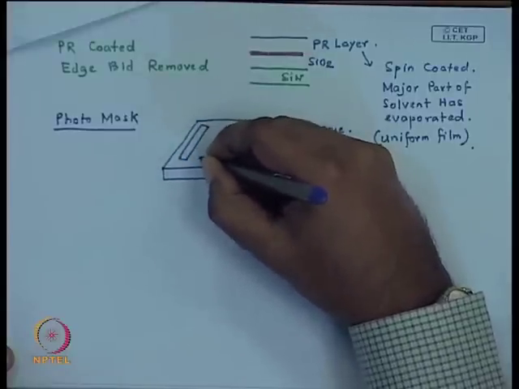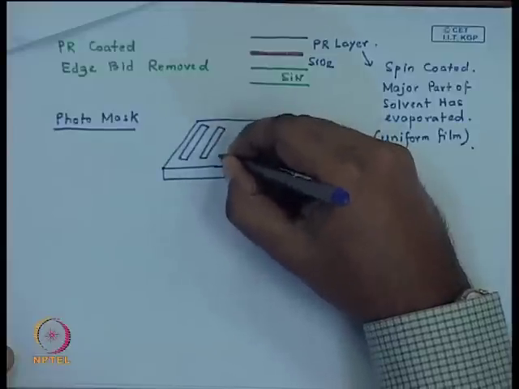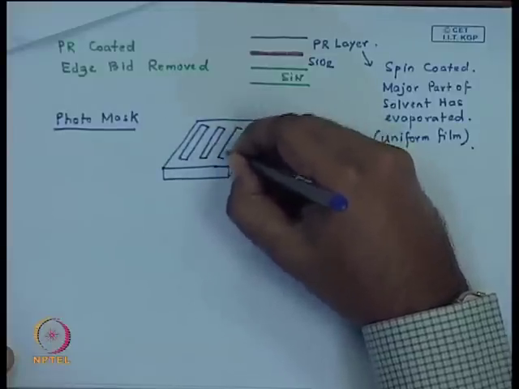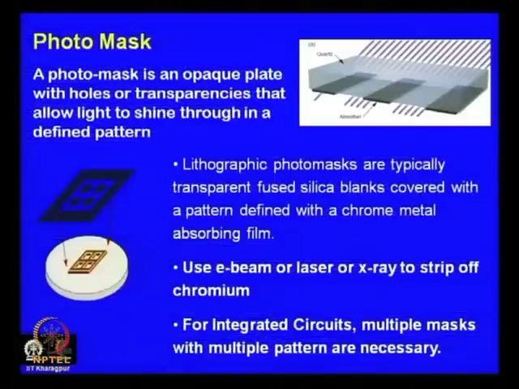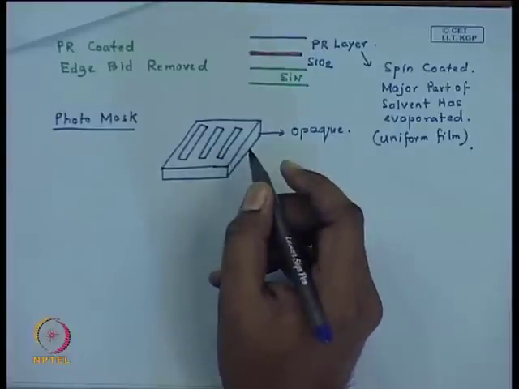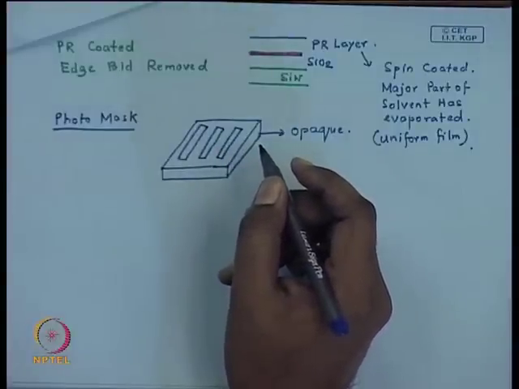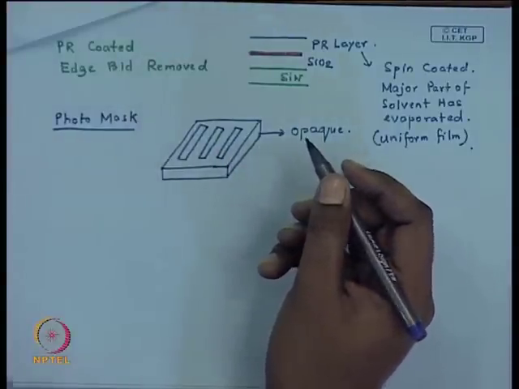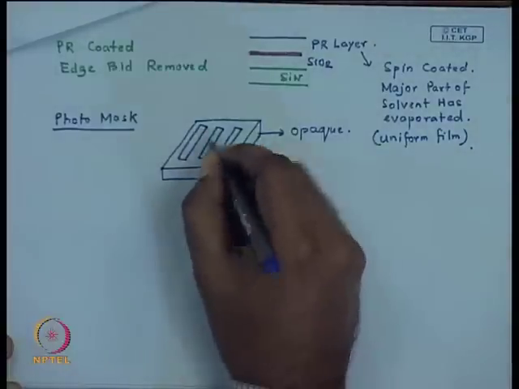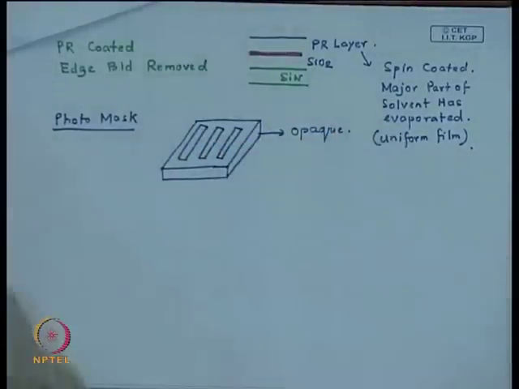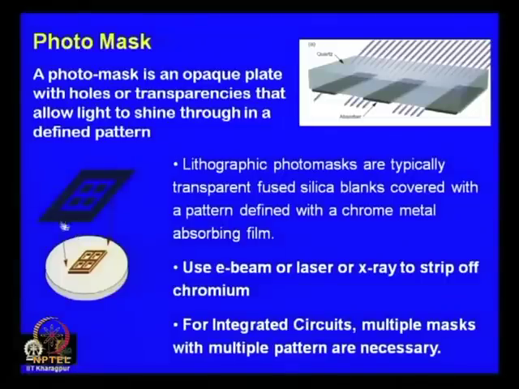So, let us say you have these domains which are transparent. These domains replicate the pattern you want to create, and through them the light will pass. So, if this is the final pattern you want to create, this is going to be the design of your mask.